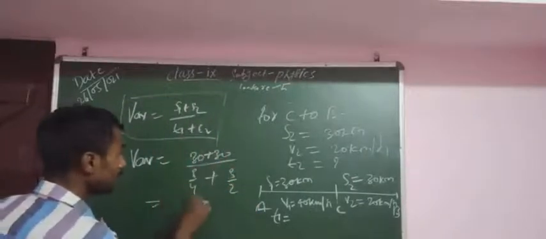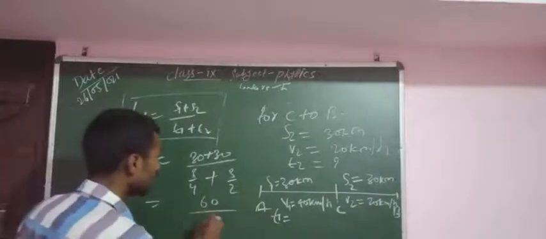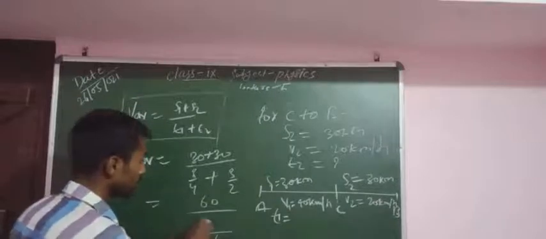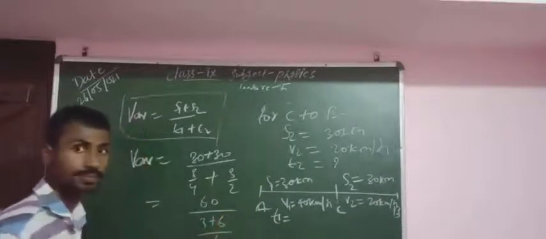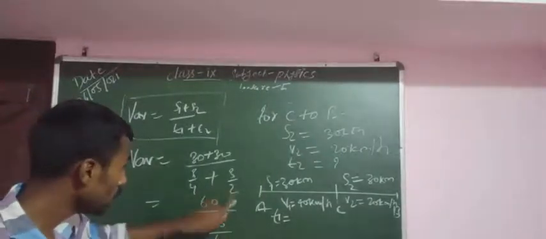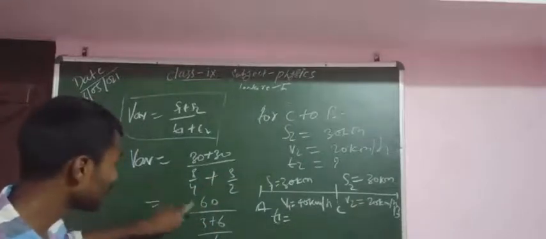So 30 plus 30 is 60, over 3 plus 6 with the common denominator 4: 4 times 1 is 4, and 2 times 3 is 6.